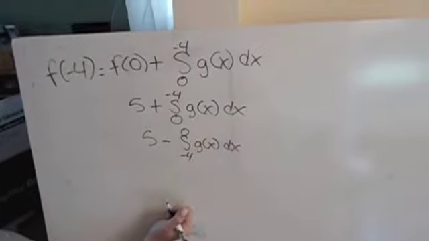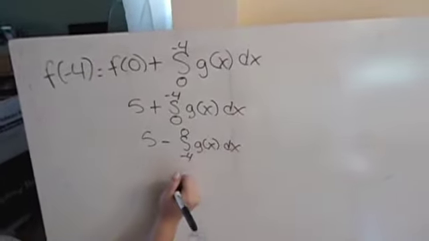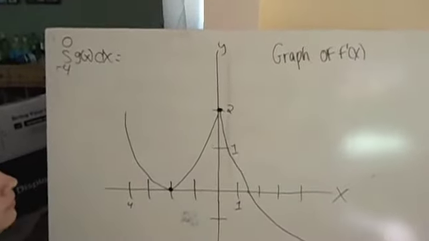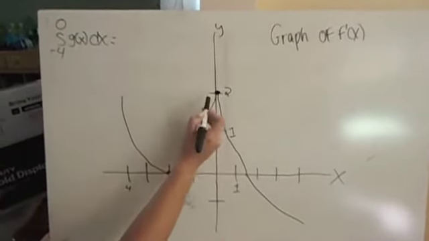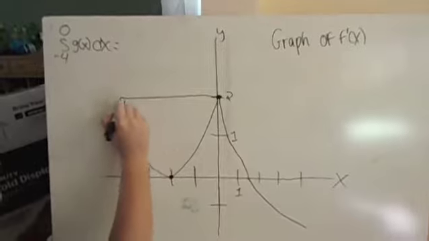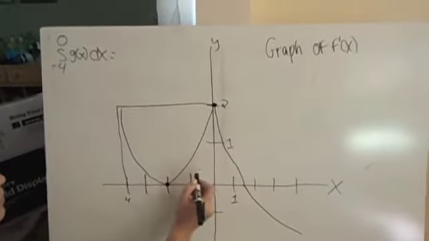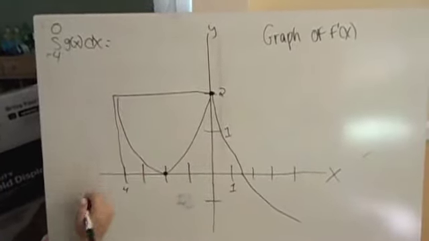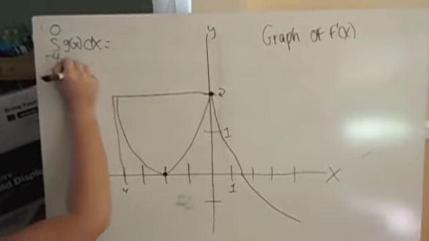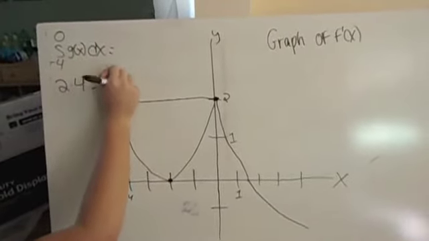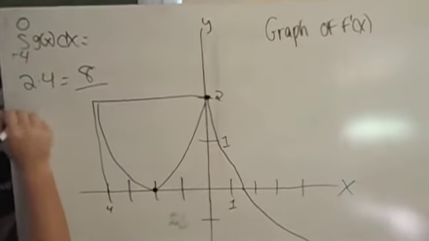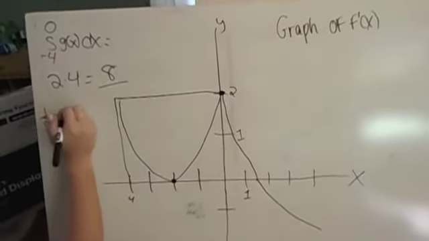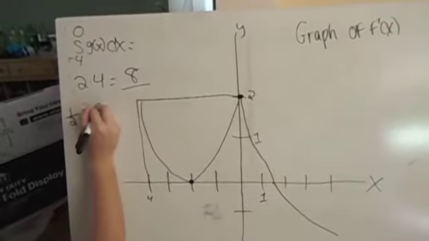And to find that integral, we have to look back at the graph and find the area. To find the integral from negative 4 to 0, you have to find the area. From negative 4 to 0, there is a rectangle and there is a semicircle. The rectangle is a 4 by 2 rectangle, which would mean that the area is equal to 8. For the semicircle, you have to use the equation of area for a circle, which would be pi r squared, but you must divide that by 2.